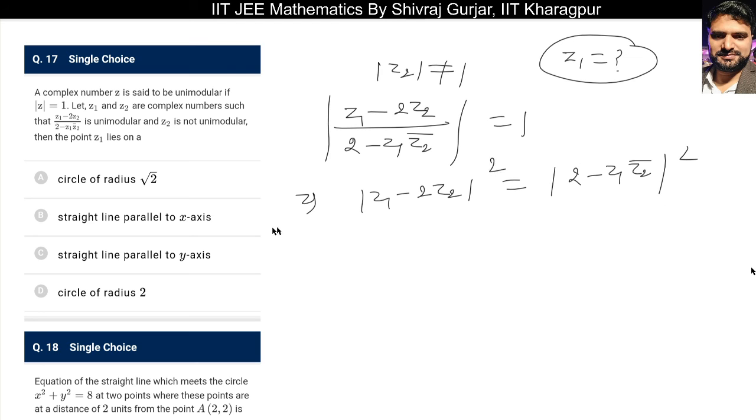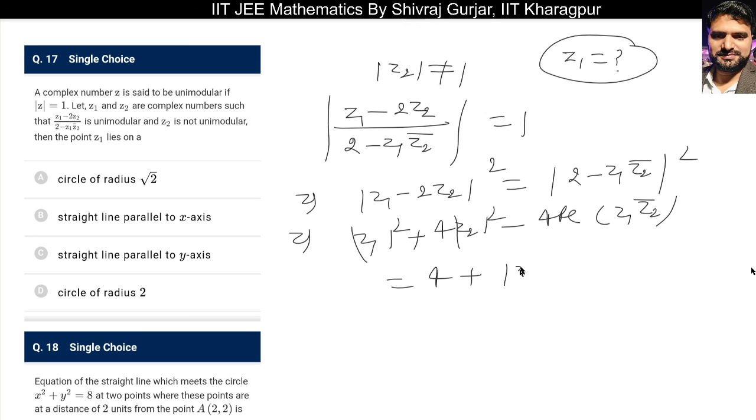Let us square it. Then this is modulus of Z1 square, modulus of 2Z2 square, that is 4 modulus of Z2 square, minus twice 2 real part of Z1 Z2 bar. Similarly here 4 plus modulus of Z1 Z2 bar square minus 2 real part of Z1 Z2 bar into 2 bar, which is 2 itself.